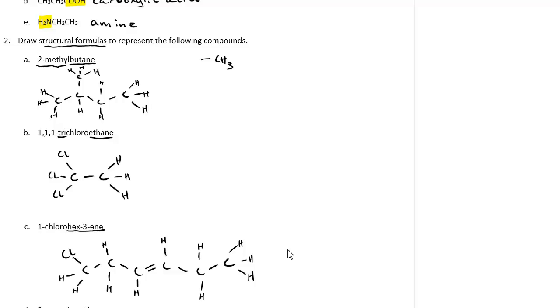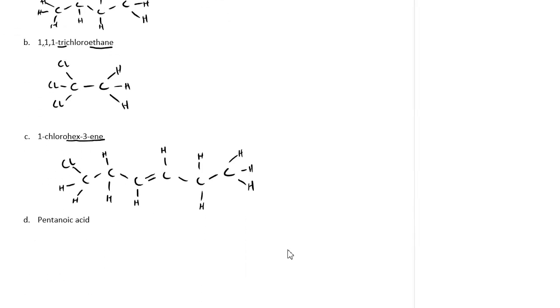Okay, so then we have pentanoic acid. So pentanoic acid, this is a carboxylic functional group. So we have to draw 5 carbons.